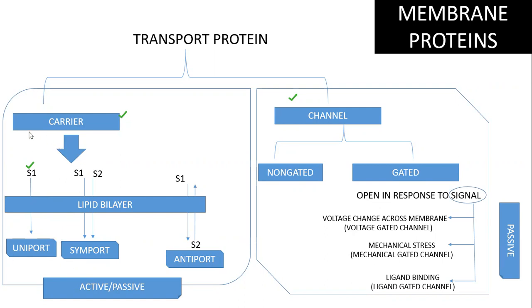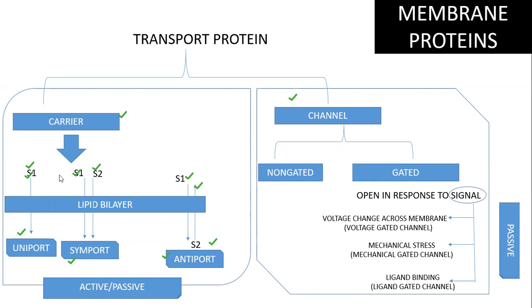This type of function is known as uniport. In another case, a second molecule also crosses the lipid bilayer along with the first molecule, and both are in the same direction. This is called symport. In the third, one molecule goes downwards and another goes upward, that means both are in opposite directions. This is called antiport. Symport and antiport, where a second molecule is present, are known as co-transport.